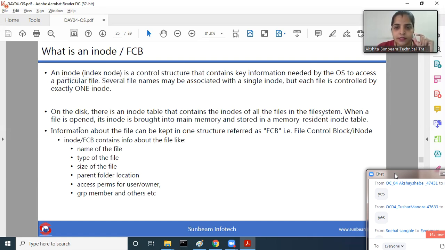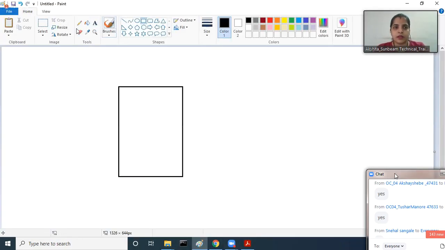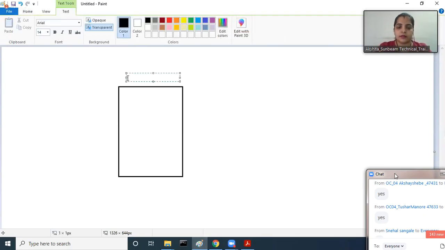On the disk, there is an inode table that contains the inodes of all the files in the system. When the file is opened, its inode is brought into the main memory and stored in the memory-resident inode table. Now, suppose I have, let us say, this table, called a file table.